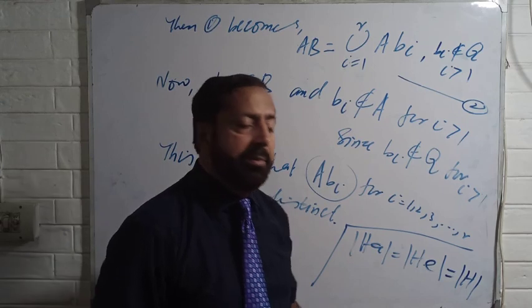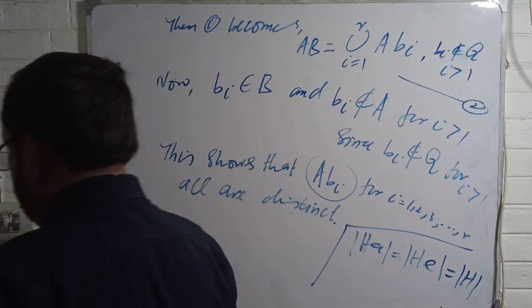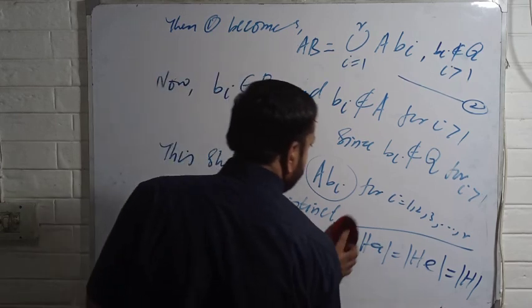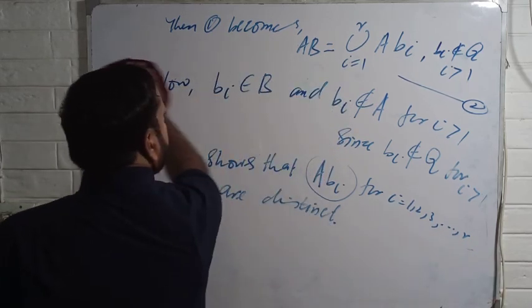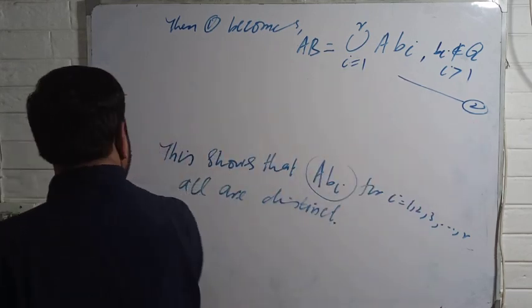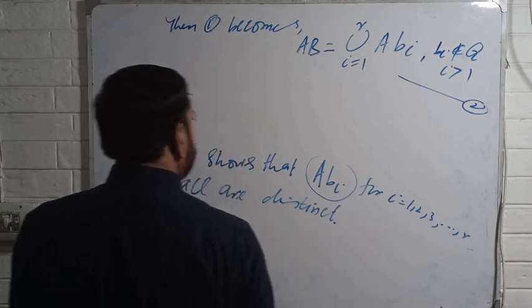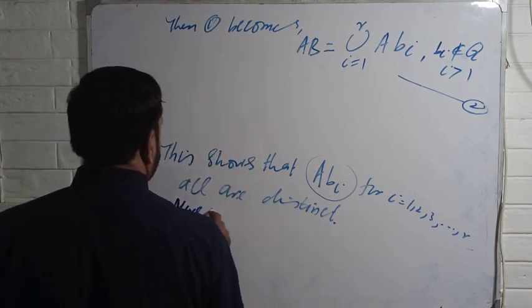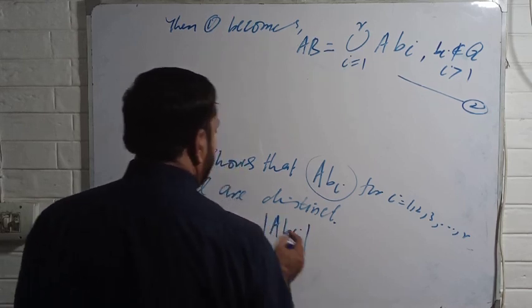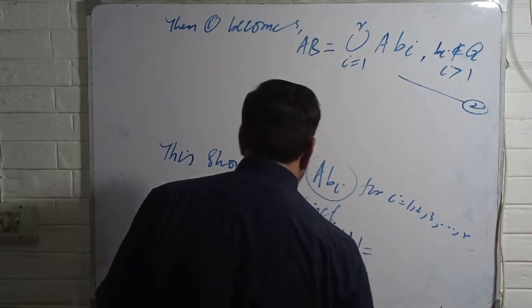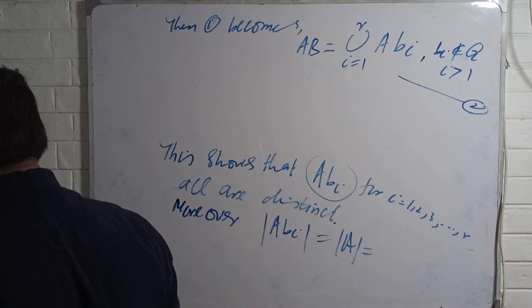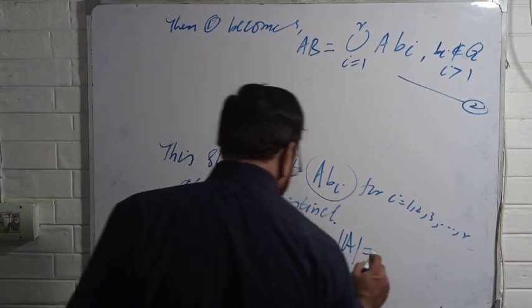This was M. Moreover, the order of ABI is in fact the order of A, which was M.